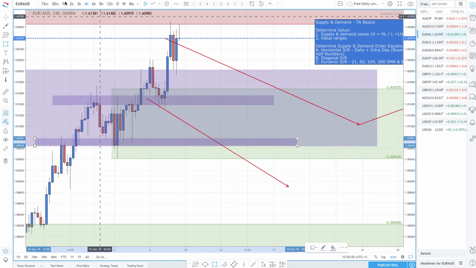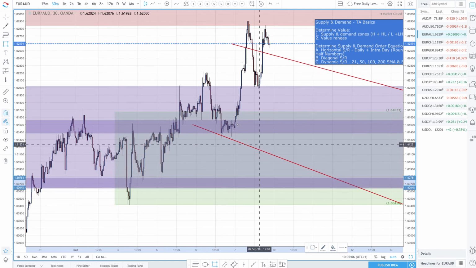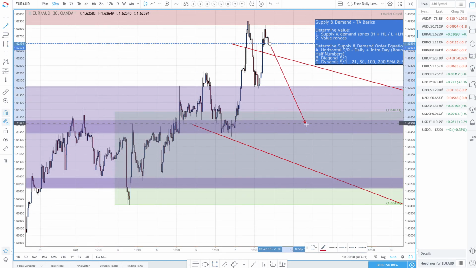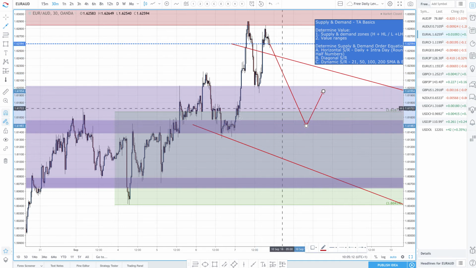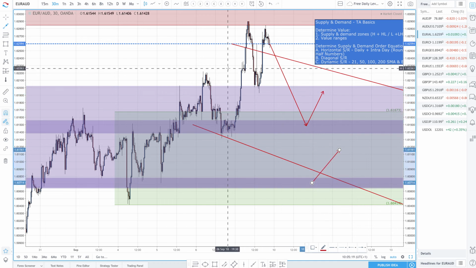And again, this is just a 4-hour chart. If you trade the 15 or the 30, this is what it would look like. So you'd be looking for potential pullbacks within the demand zone, and then you've got your supply, your horizontal support and resistance as potential confluence, right?